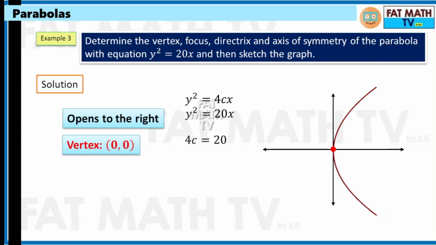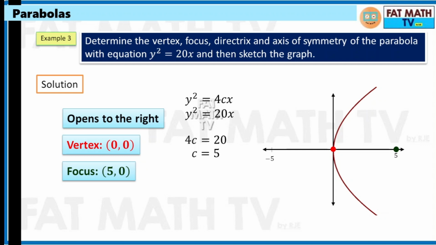So that 20 is 4c. Divide both sides by 4, you will get c equals 20 over 4. That is 5. So you need to move 5 units to the right of the vertex to get the focus. And 5 units to the right of 0, 0 is 5, 0. And then 5 units to the left of 0, 0 is negative 5, 0.